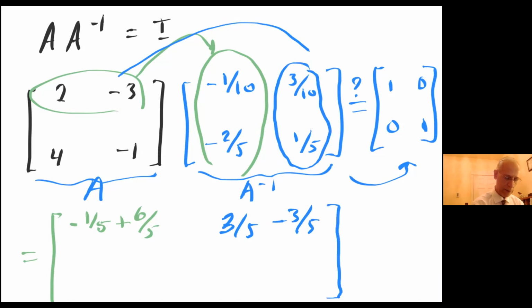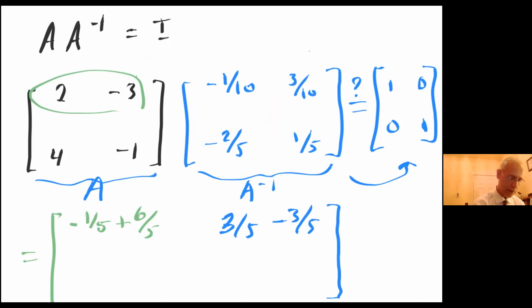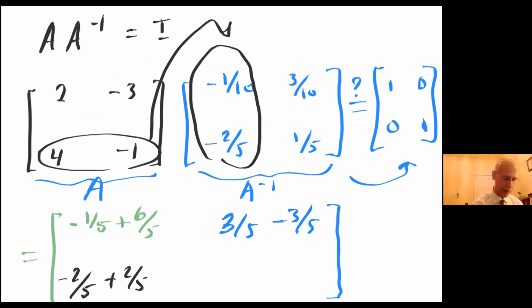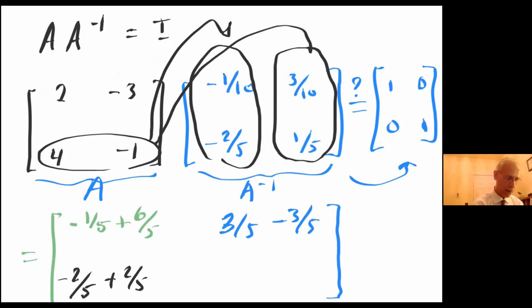And let me just clear this. Now using this and this, do the multiplication, I get 4 times -1/10, which is -2/5, plus... And then using this, I get 6/5. -1 times 1/5 is -1/5.